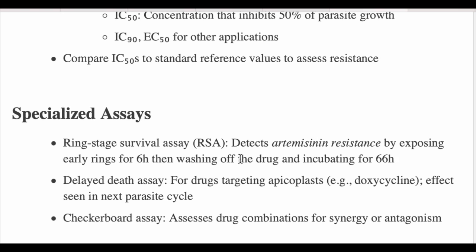The delayed cell death assay is another specialized assay you may use, and this is for drugs that target apicoplasts, for example, doxycycline. These effects will be seen in the next parasite cycle. And then there are also things like the checkerboard assay, where you assess drug combinations for synergy or antagonism.